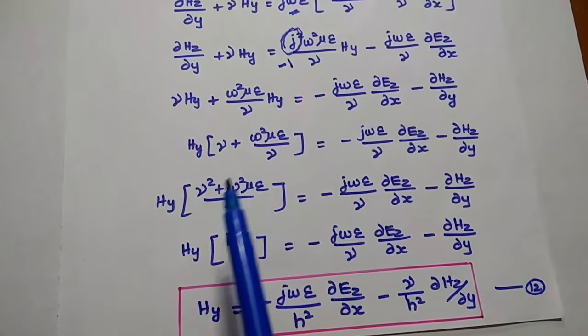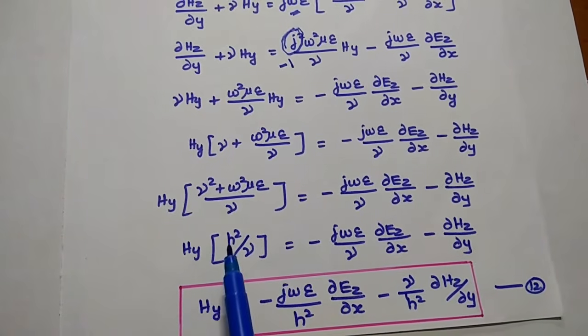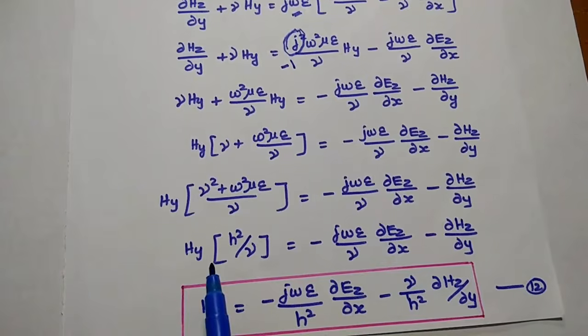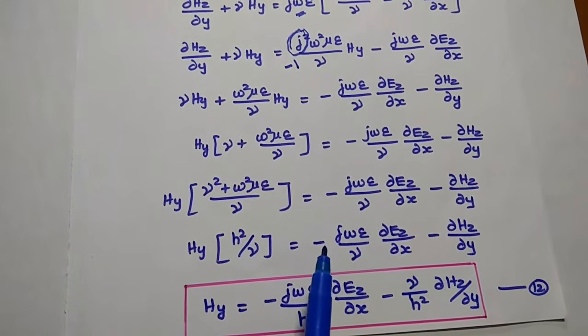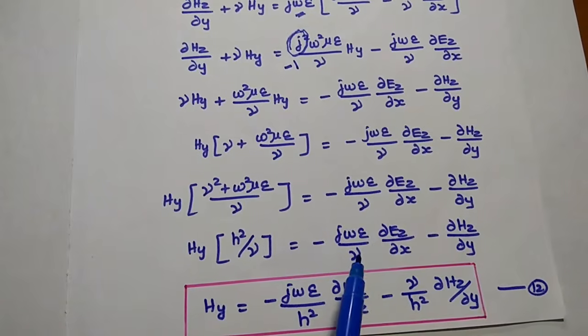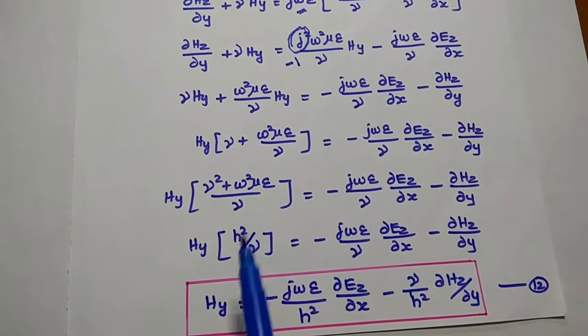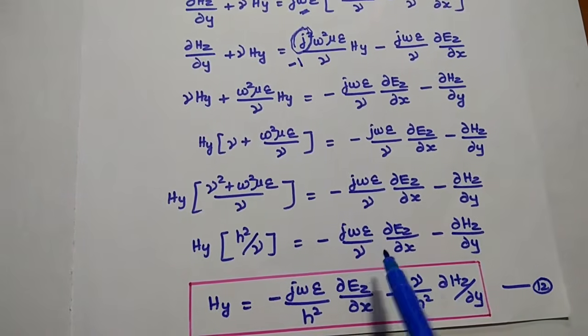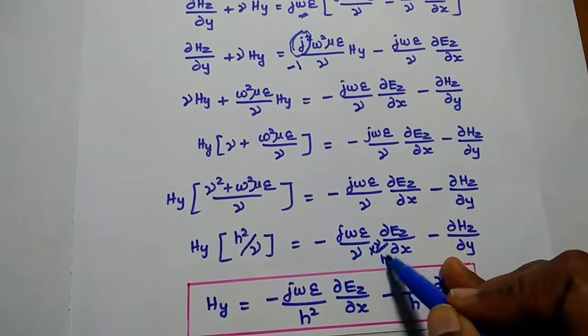As we all know, gamma squared plus omega squared mu epsilon is nothing but h squared. So this term can be written like this: Hy into h squared by gamma is equal to minus j omega epsilon by gamma dou Ez by dou x minus dou Hz by dou y. Then we can move this term to this side as a reciprocal, so here it becomes gamma by h squared.